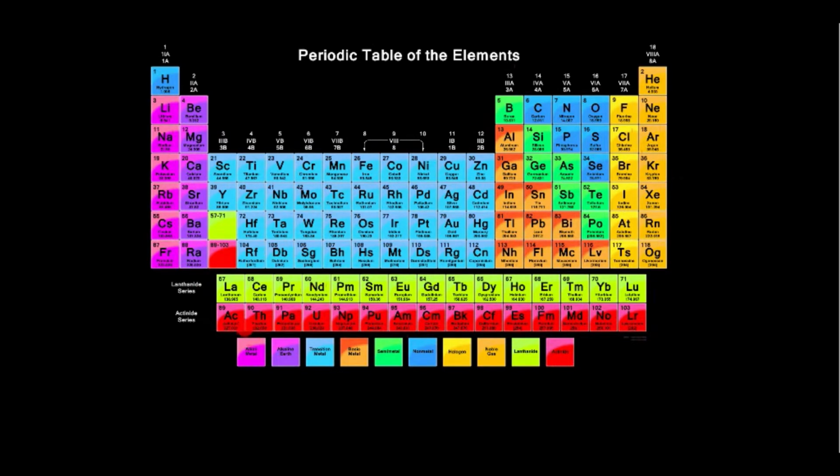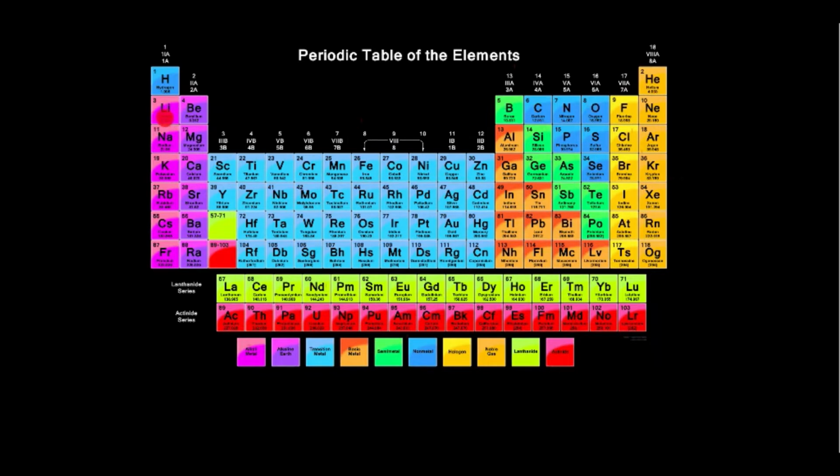In the periodic table, some periods are short periods and some are long periods. For example, the first period contains only 2 elements, that is hydrogen and helium. There are only 2 elements in the first period, that's why this is a short period.